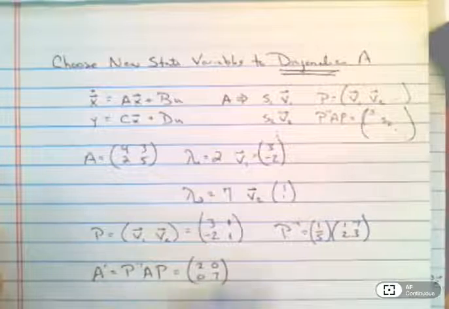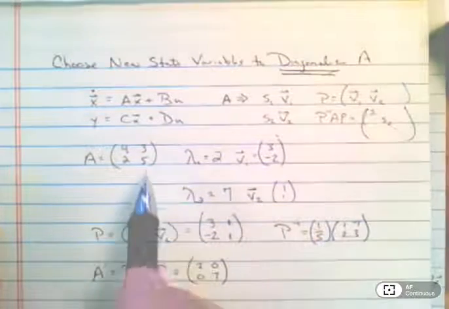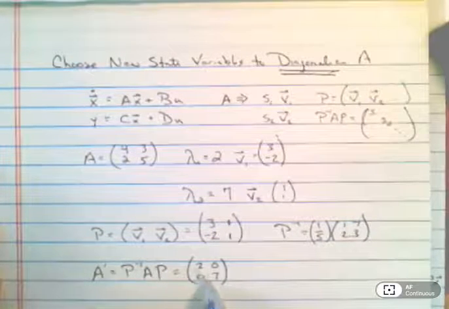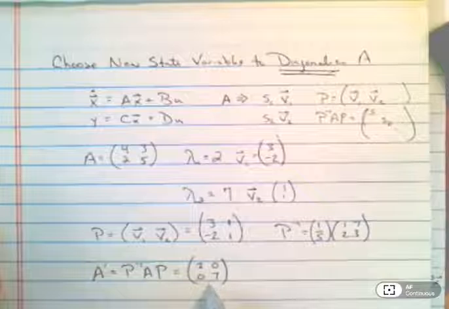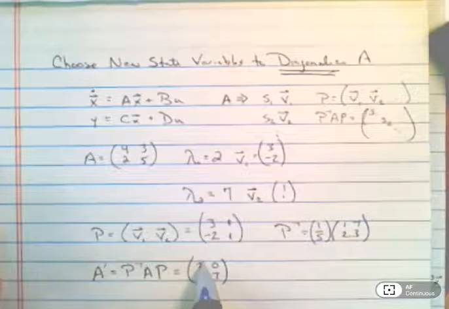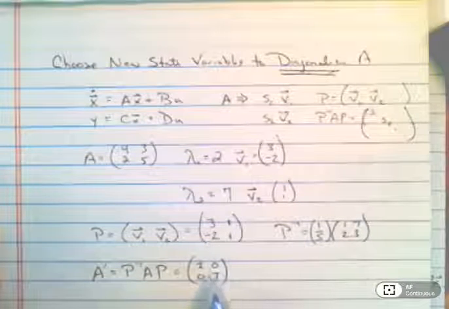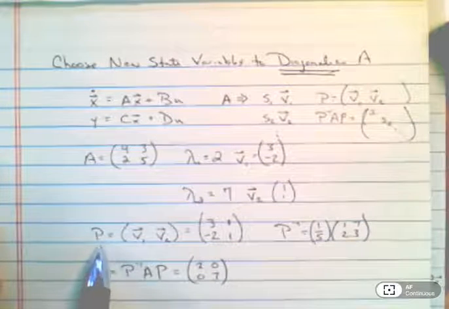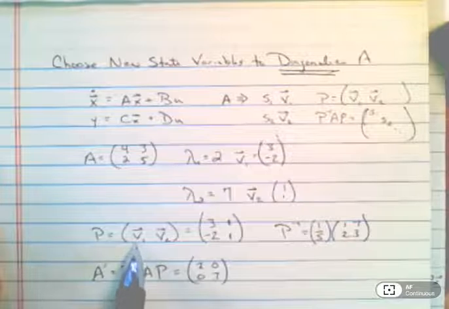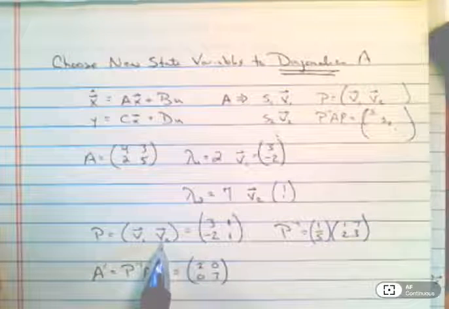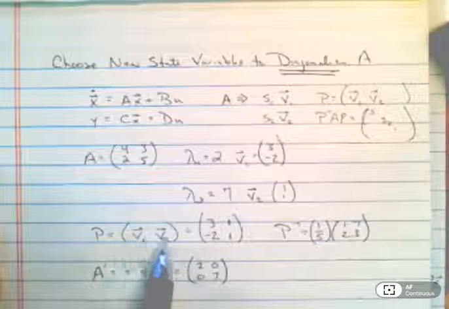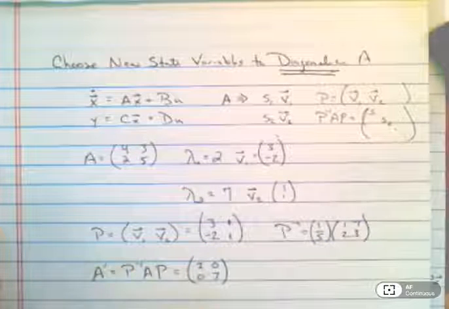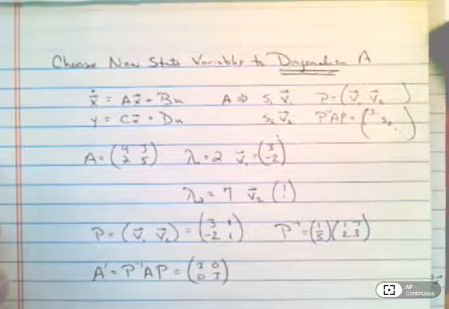And lo and behold, the eigenvalues are on the diagonal, in the order eigenvalue 1, eigenvalue 2, because my P transform had eigenvector 1 first and eigenvector 2 second. If I'd flipped those, I would have had a 7 and a 2 there. Okay? So there's my A prime.